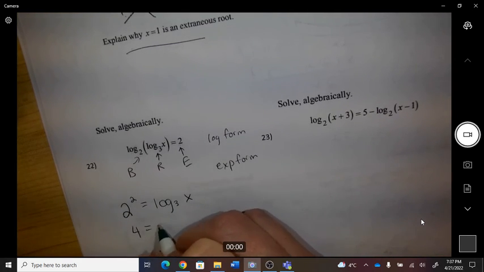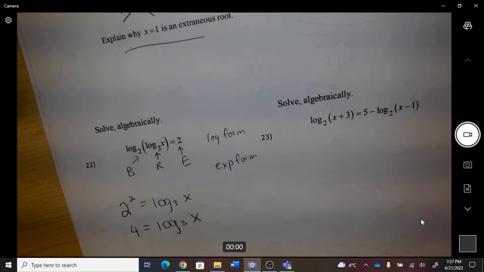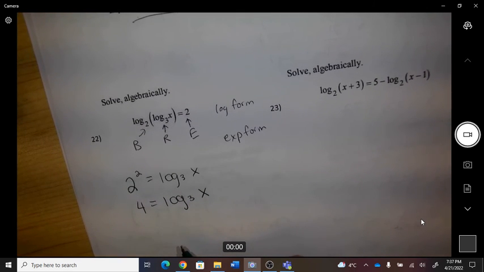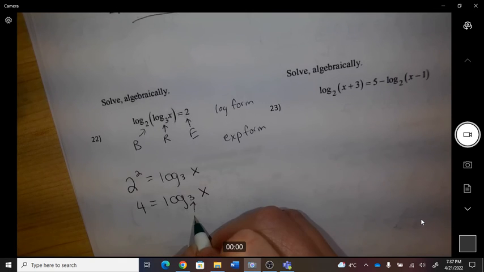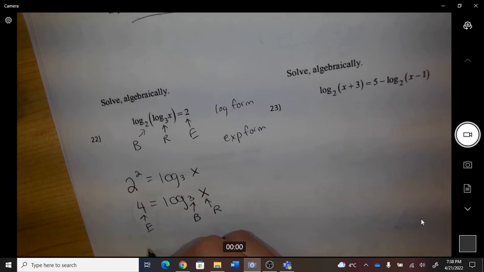So 4 equals log 3x. So now I'm going to change this again to exponential form. So now this is the base result exponent. So 3 to the 4 equals x, which is 81.